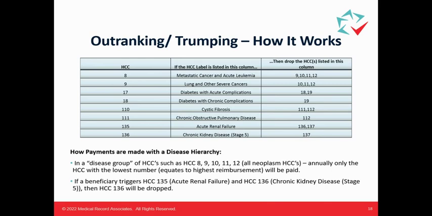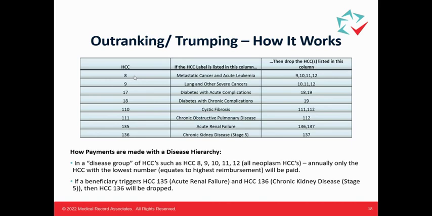So what this means, here we have HCC 8, metastatic cancer and acute leukemia, okay? And this says then you drop HCCs listed in this column. These are HCCs 9, 10, 11, and 12 right here, right? So you're going to drop those codes if you're going to be coding HCC 8.